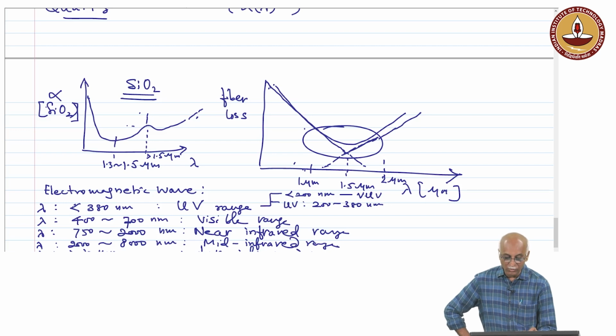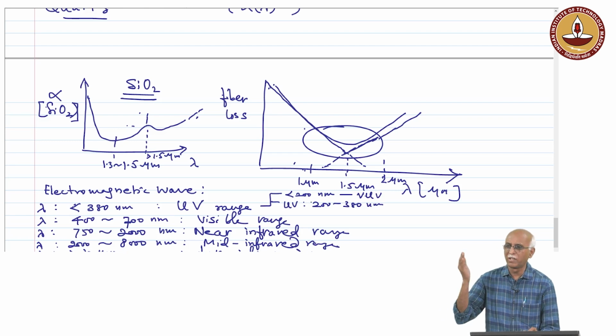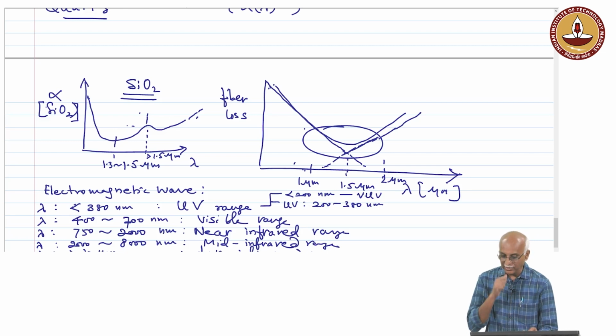As soon as the wavelength goes below 200 nanometer, oxygen absorption becomes very prominent, all those molecules in the air, which is plenty of molecules. They will absorb this UV light. That is why we need vacuum in order to allow this light to propagate, that is vacuum ultraviolet.